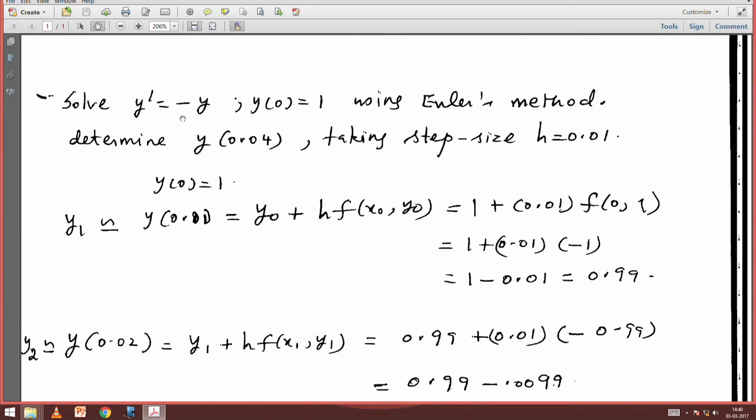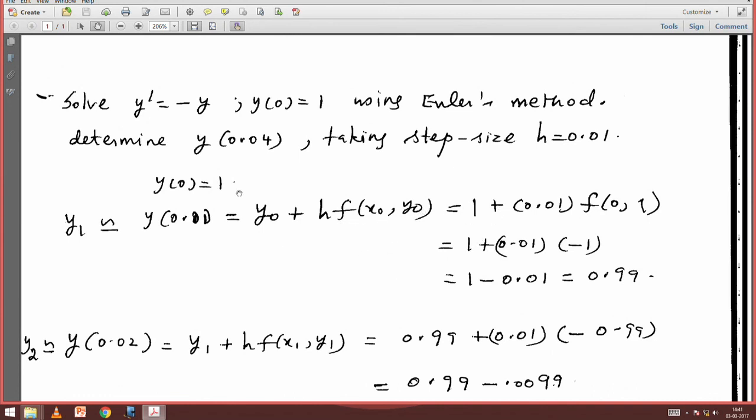So, let us take y prime equal to minus y, y of 0 equal to 1, and the problem is to determine y at the point 0.4 taking step size h to be 0.01. So, y of 0 is given to be 1. What is y1? It is y of 0 plus h into f of x naught, y naught.